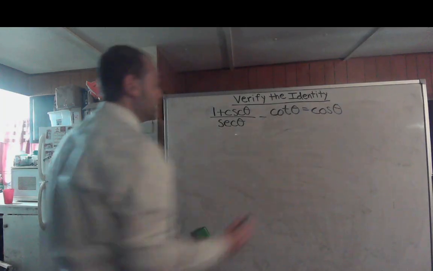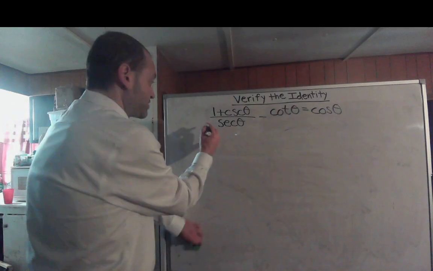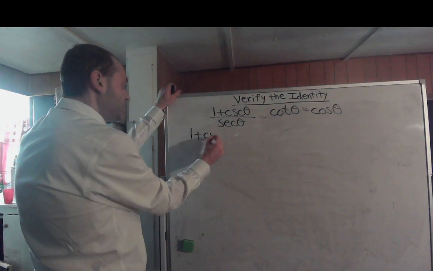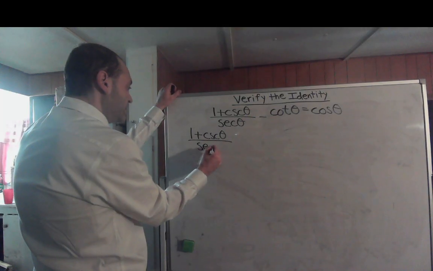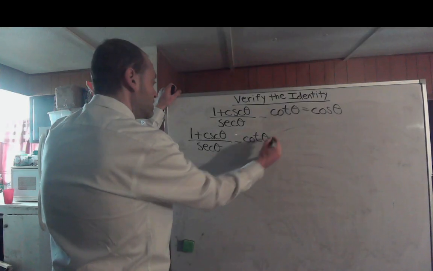This one looks a bit rough. Well, first let's write out that left-hand side and simplify it. So 1 plus the cosecant of theta all over the secant of theta minus the cotangent of theta.